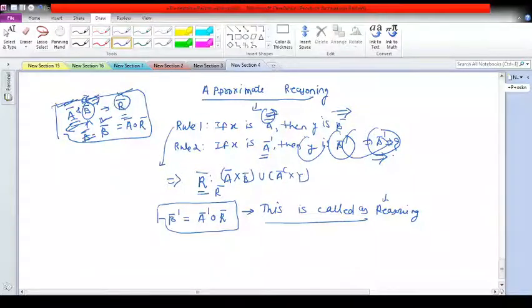Once I know the relation between two fuzzy sets, and if there is a change in one of the fuzzy sets, I should be able to compute the corresponding change for that particular antecedent, and that can be computed using reasoning.